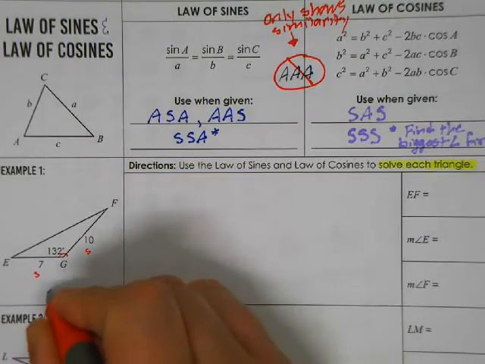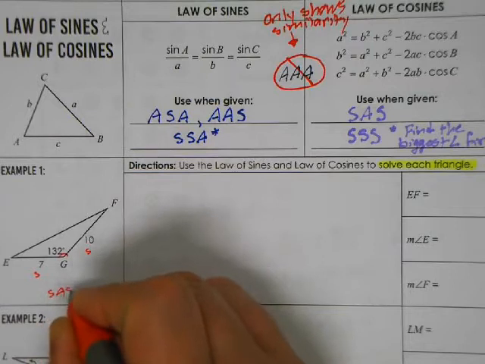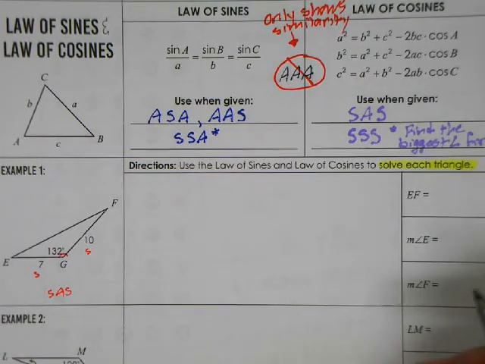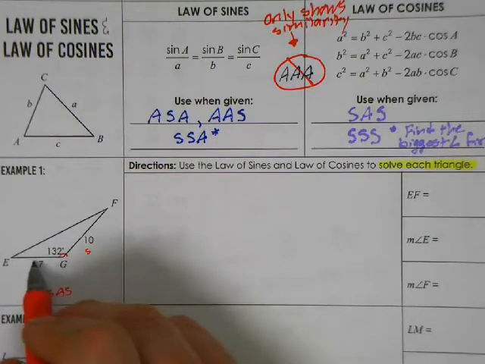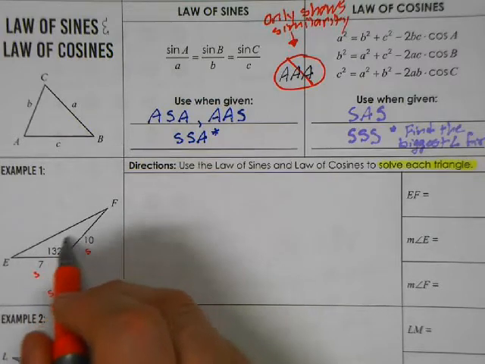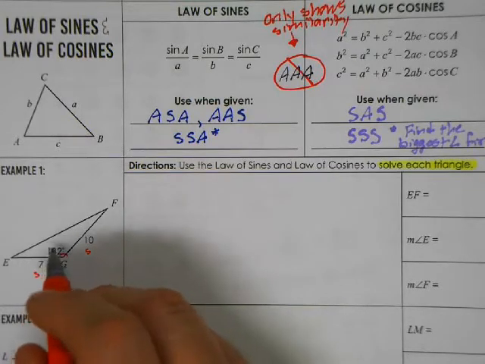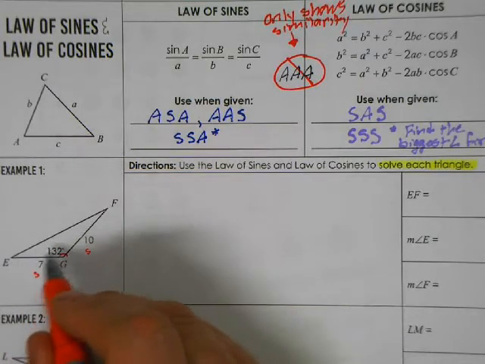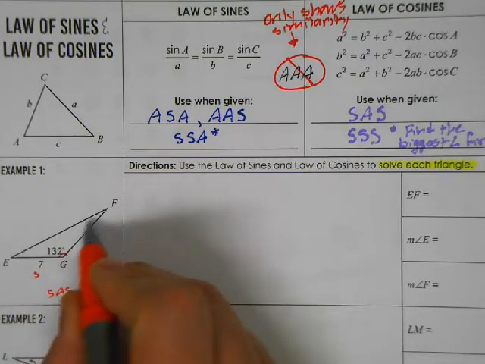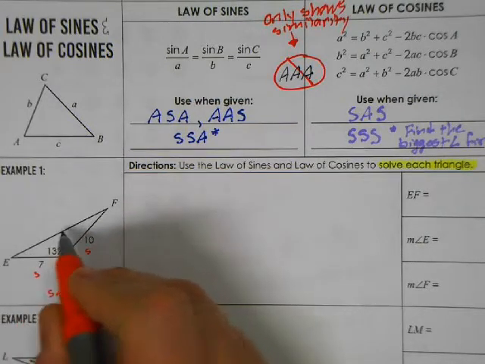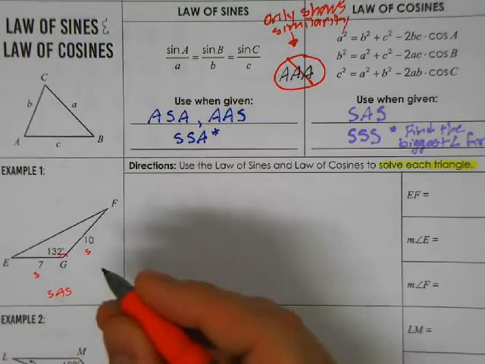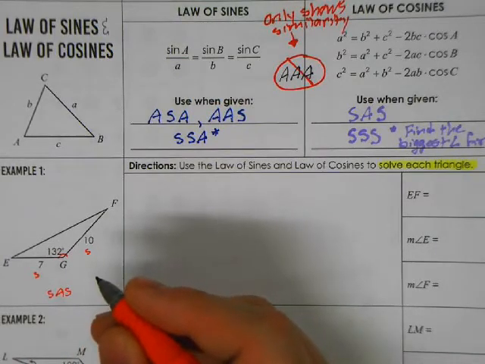So here this looks like we're going to be using side, angle, side, which indicates that we're going to be looking at the law of cosines. Now I can't use the law of cosines to find these missing angles straight away. Instead, one of the things that I want to do is find the length of that third side.